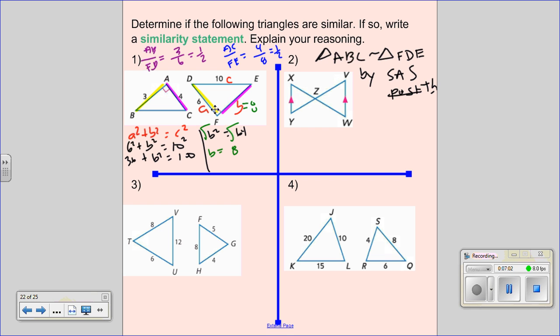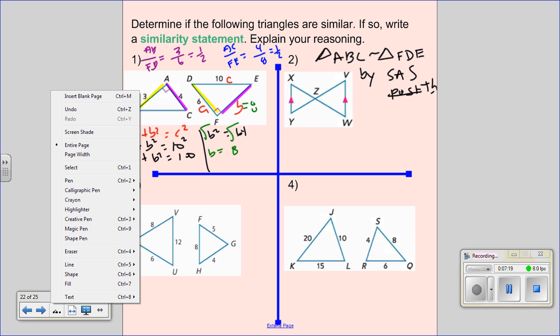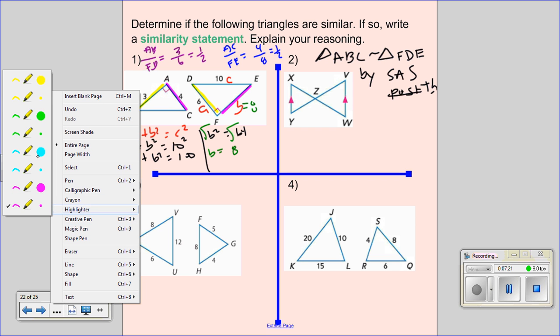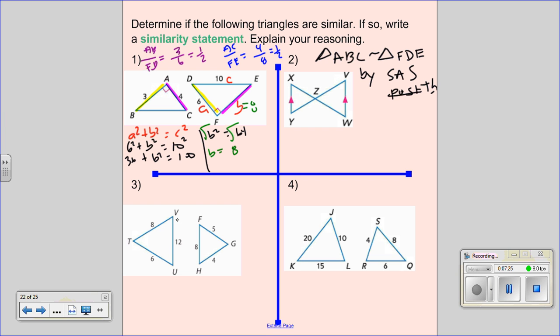All right, let's jump down to number 3. Again, we are given all sides now. So perhaps it might be side, side, side, but we would have to check the ratios. So the first thing I would do is highlight the corresponding parts. The smallest side on the left is TU.